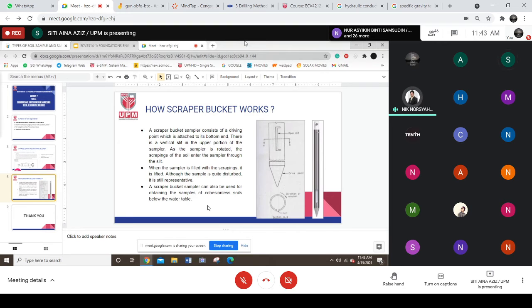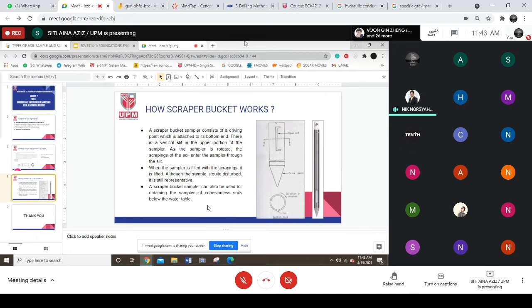No, actually this is some sort of a variety of sampling. At least you know, right. The scraper bucket is just a very simple tool, one of the selections that you can choose based on the type of soil present at site. So for calculation and so on, the first thing you should bear in mind is what we want to retrieve, the sample.